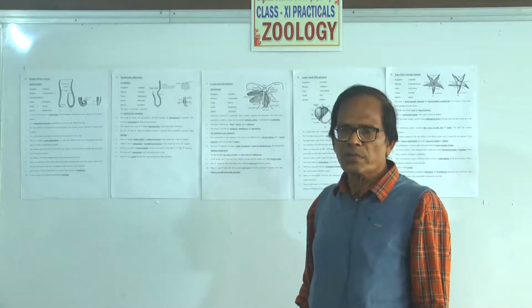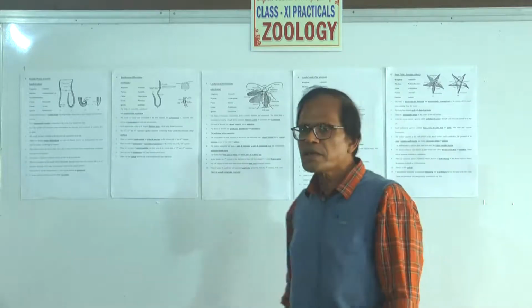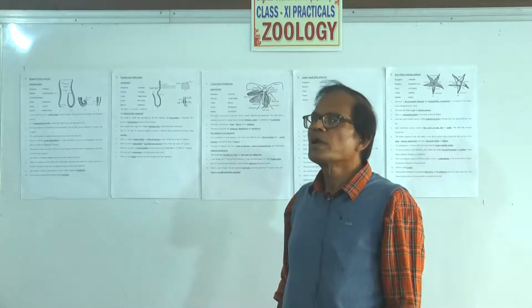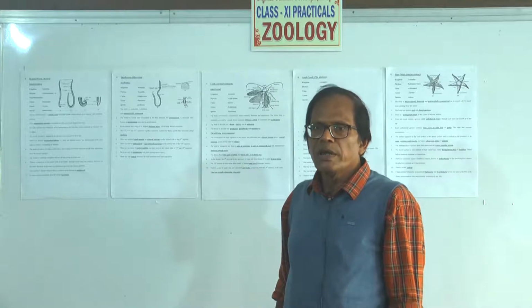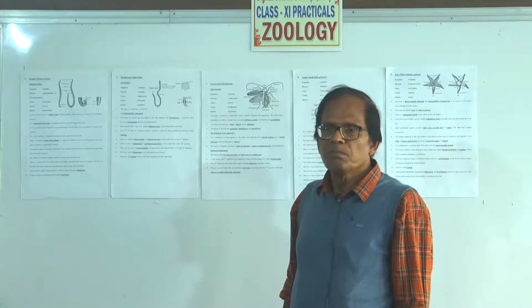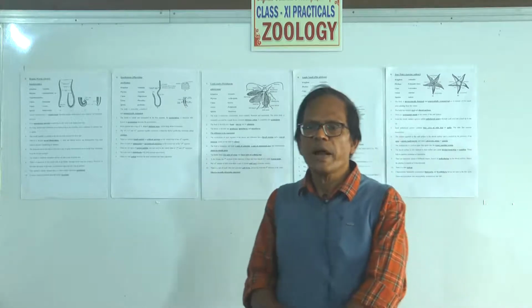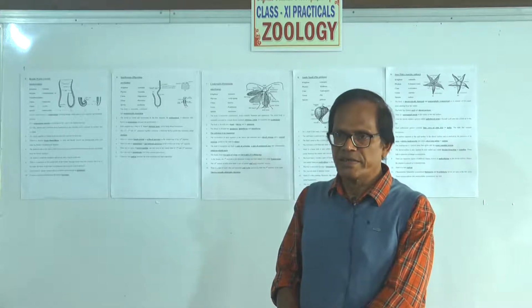These are not important, but important to remember. The mouth parts of cockroach are a labium, a labrum, a pair of maxillae, a pair of mandibles, and a hypopharynx.